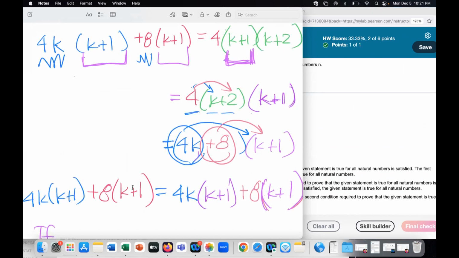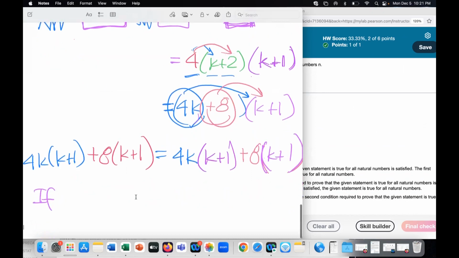So that's the assumption there, and that's what we're looking for in the verbiage.